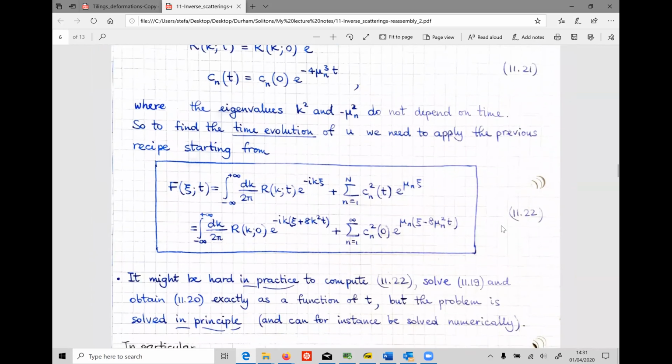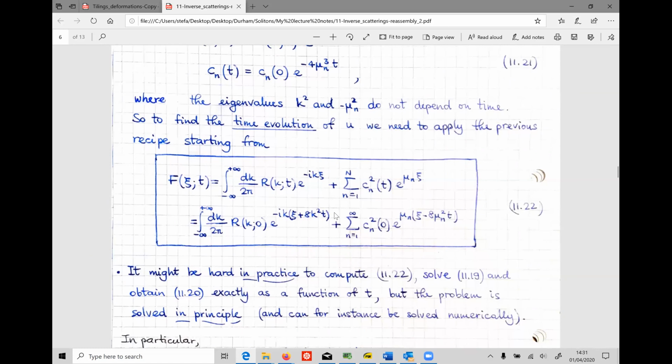So in particular, obviously in equation 11.22 here, the complicated part is this integral, the first term coming from the continuous part of the spectrum, because integrals are harder to compute than just discrete sums.